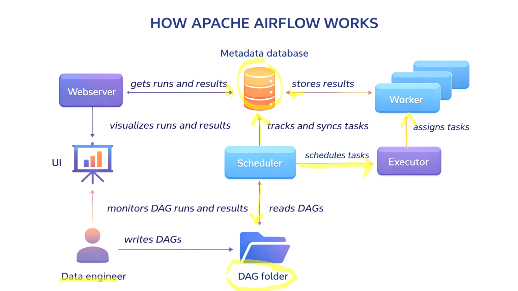Then one more is left, which is the web server. The web server reads the data from the metadata database and visualizes it in the UI. Whatever information is in the metadata database, we can see the particular information related to a particular DAG in the web server.